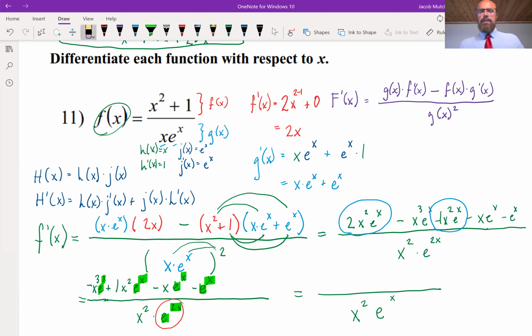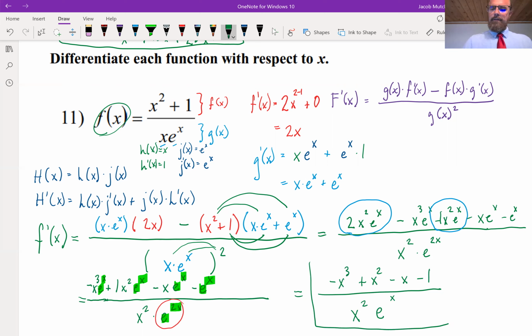So that represents after the cancellation. So what I can write in my numerator now are these four terms without the e to the power of x. So it's negative x cubed plus x squared minus x minus 1. And that is a final simplified answer.